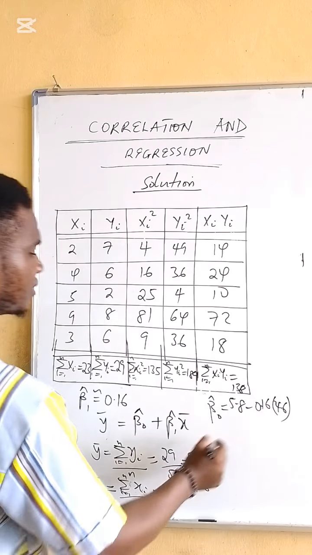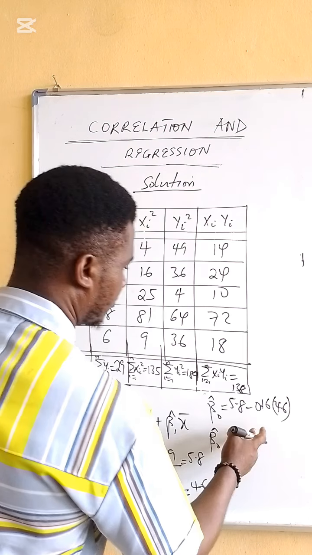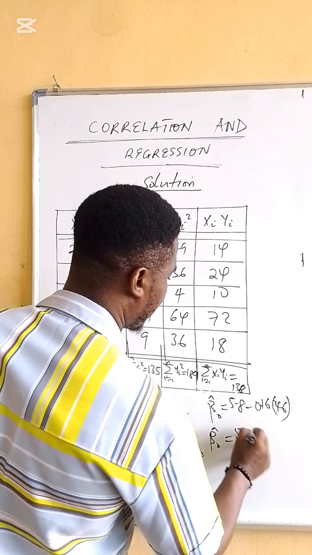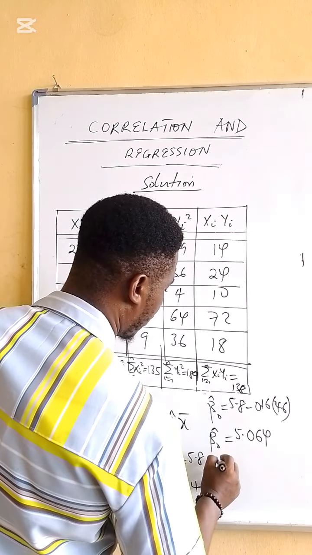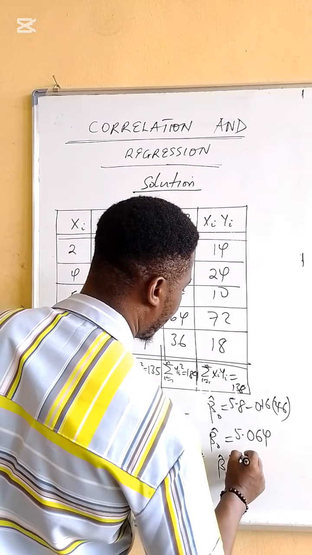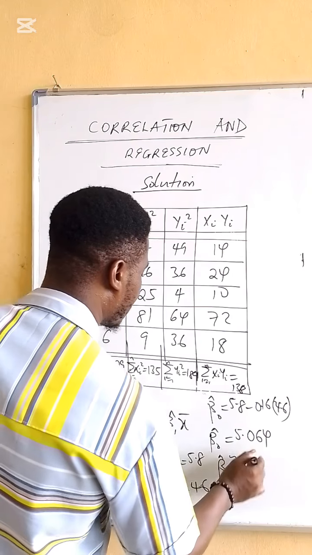So let's see what that gives. 5.8 minus 0.16 times 4.6 gives 5.064. So beta naught cap will be approximately 5.1 to 1 decimal place, or 5.06 to 2 decimal places.